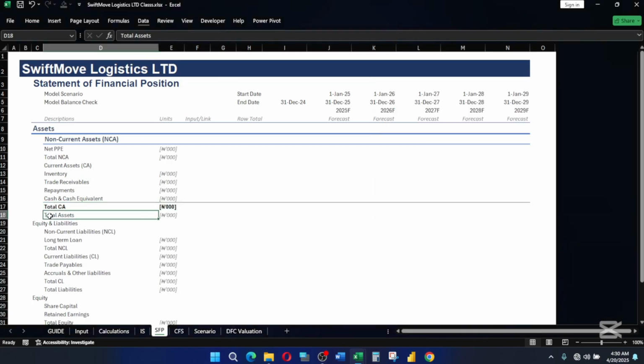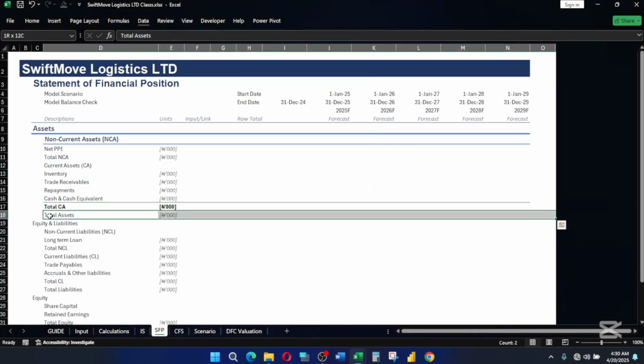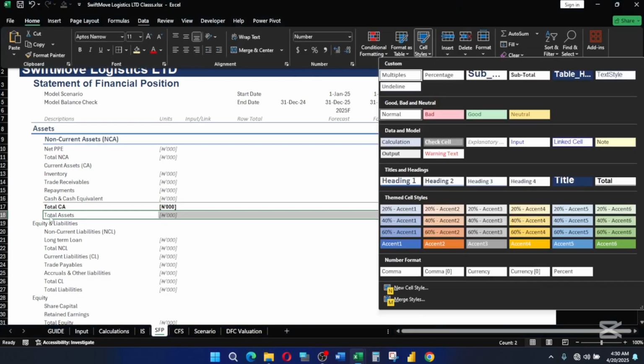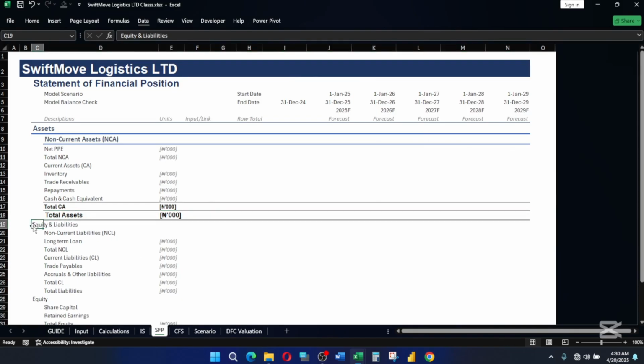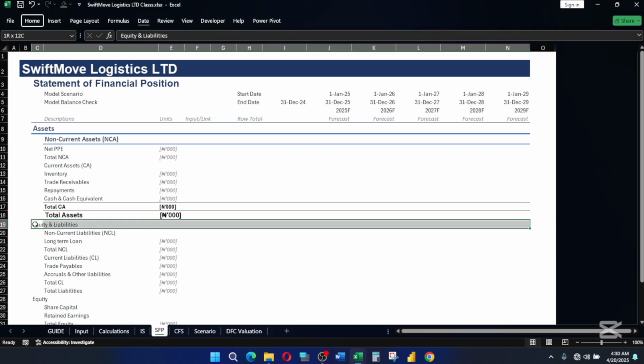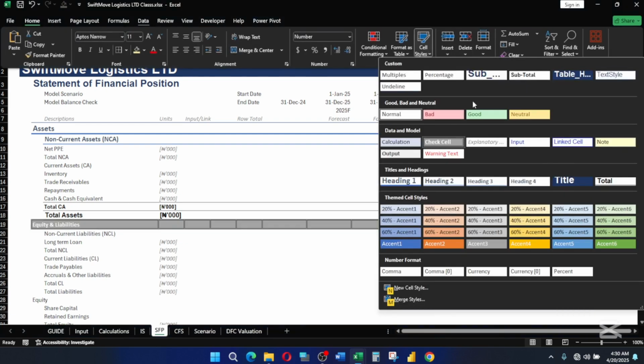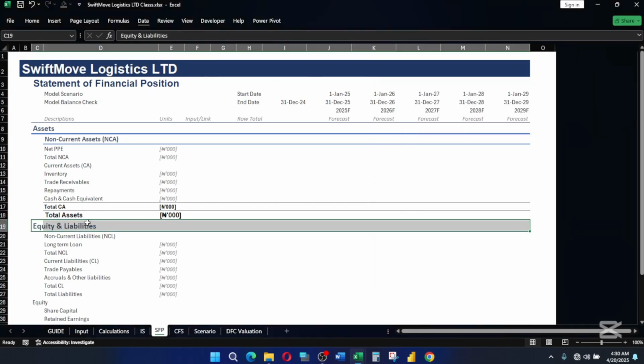And on the asset side, we're going to apply our total style. Down here we're going to apply this value, heading one.